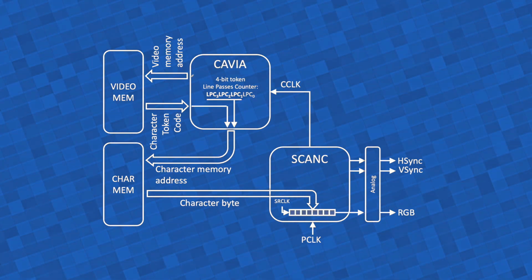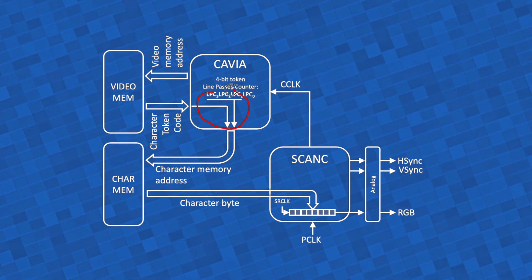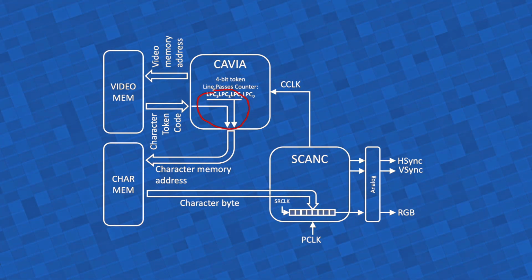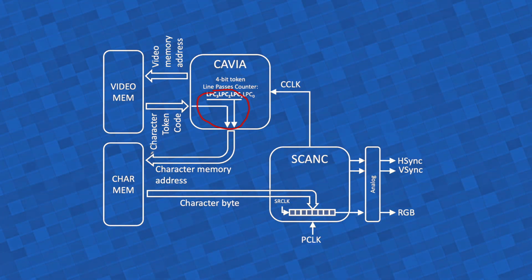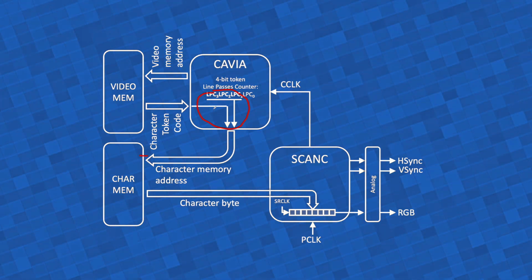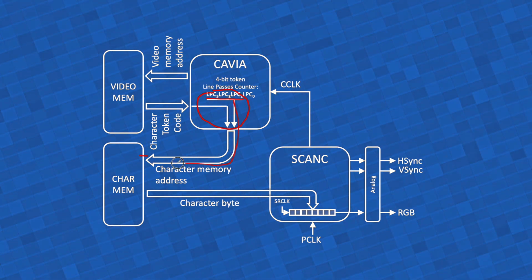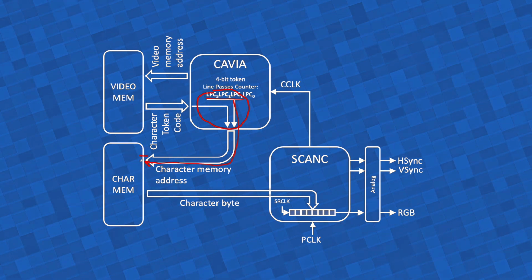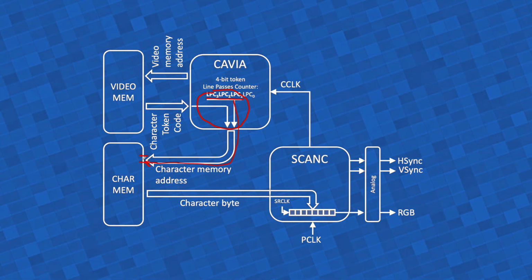Now, notice the following. This operation inside CAVIA is trivial, like we discussed before. It's just wiring. We take these 8 bits and wire them up to the most significant 8 bits here, and then we append these 3 bits of the token line passes counter to the least significant bits of the character memory address. It's that simple.